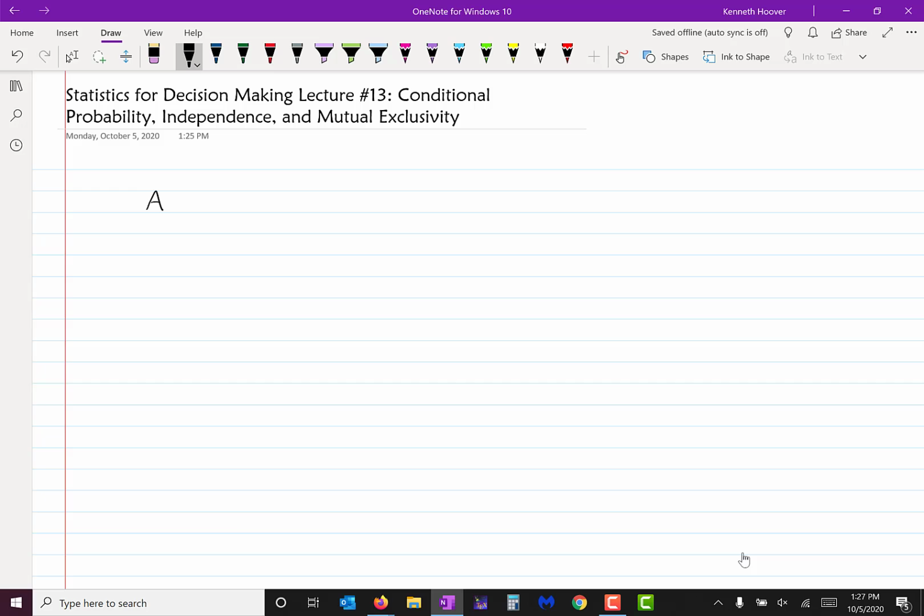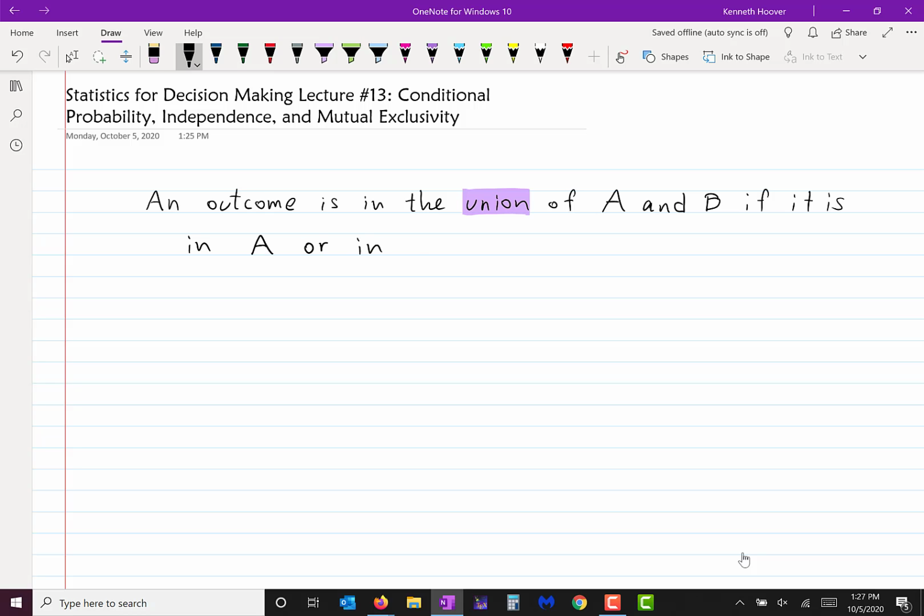Number one, an outcome is in the union of A and B if it is in A or in B, where A and B would be two events.